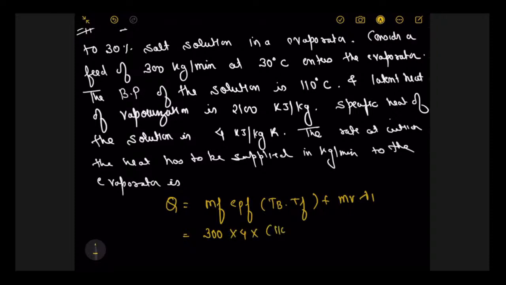Into 110 minus 30, plus 100 into 2100. Okay, so this will give you the answer. Solve this. So the answer is 306,000.